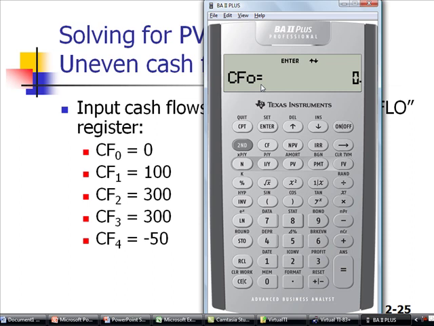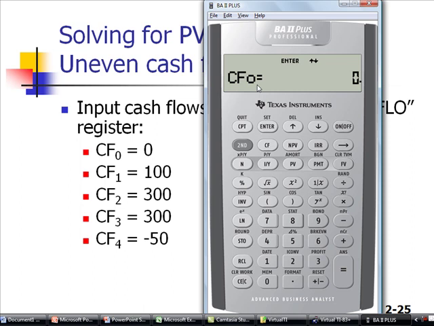Any old numbers that are hanging around from old cash flow problems, we want to clear those out because we don't want them to stick around and mess us up on our current calculations. So we'll press second and then clear work. That's how we do that. Okay, second clear work. And now we're ready to begin entering these things.